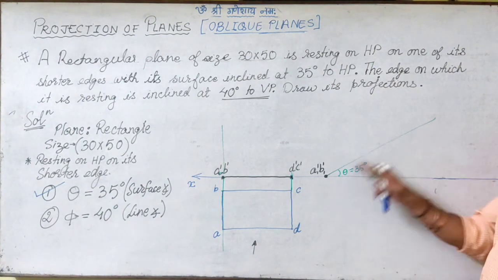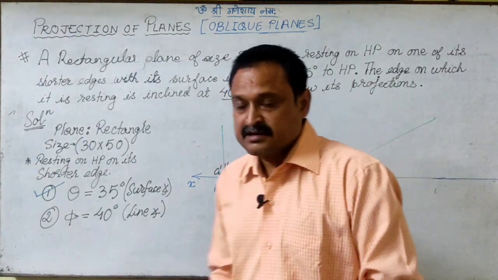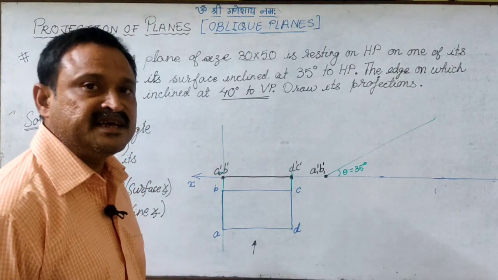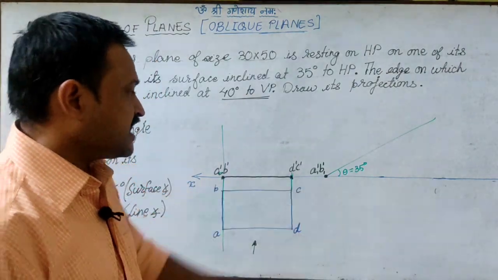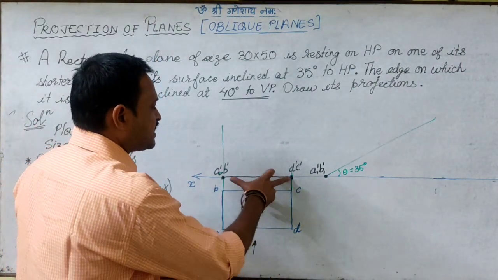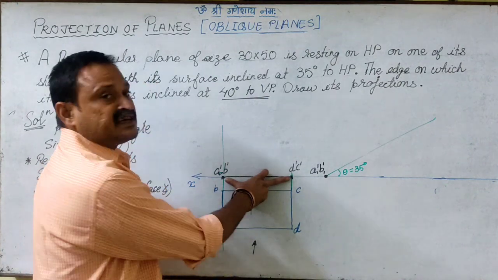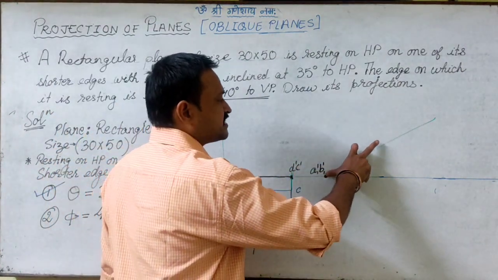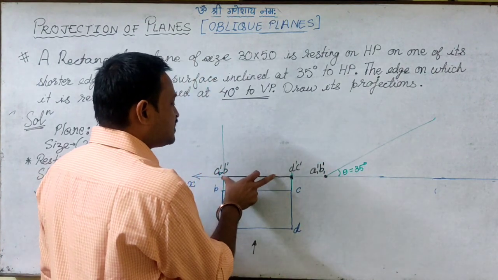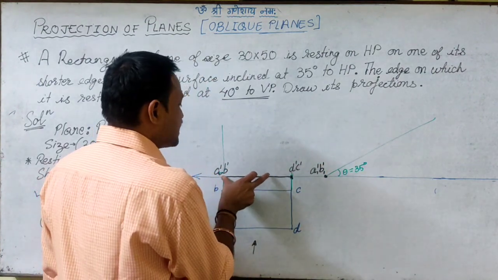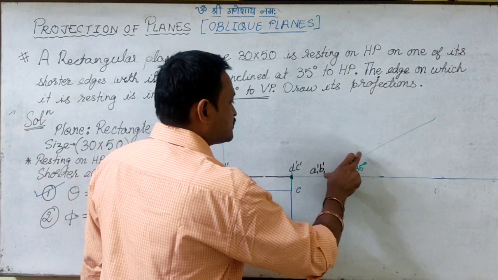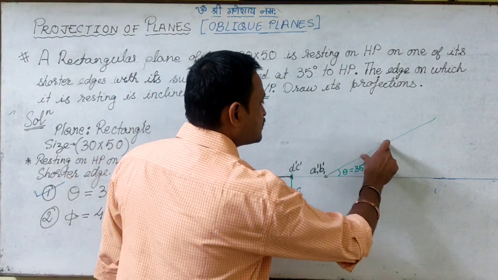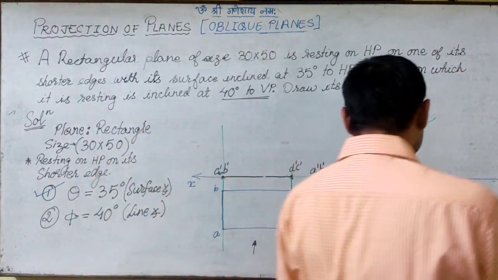The trace has got inclined at 35 degrees to the XY line. Now I take this trace length in my compass, with A1 dash, B1 dash as center, and simply cut that line, just for approximation, more or less.